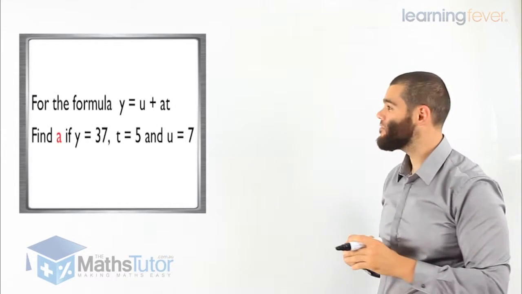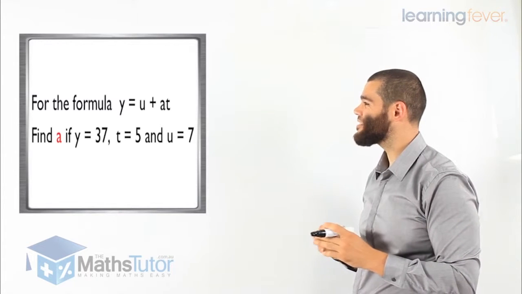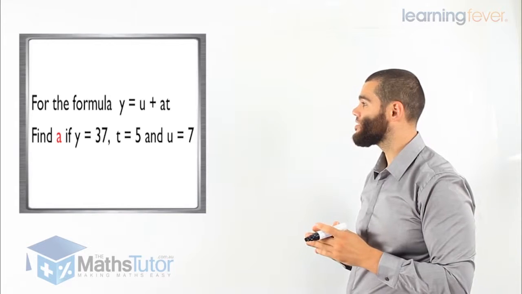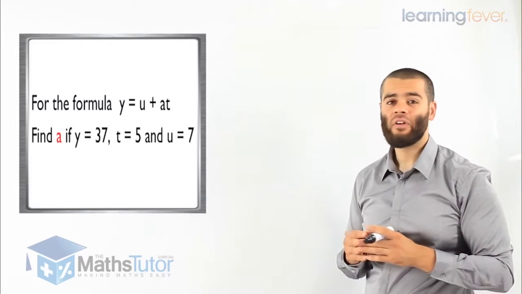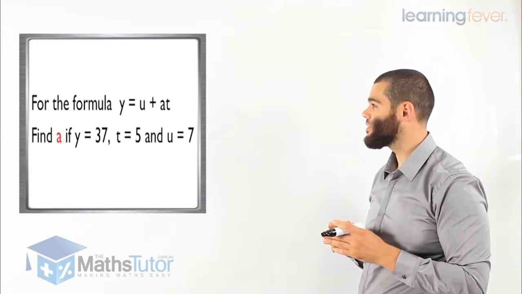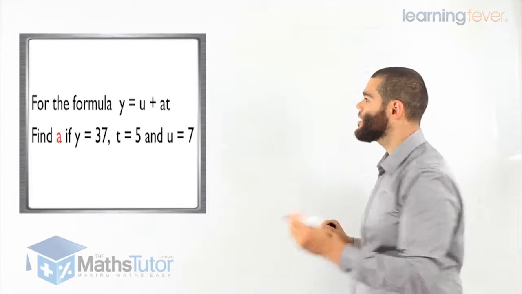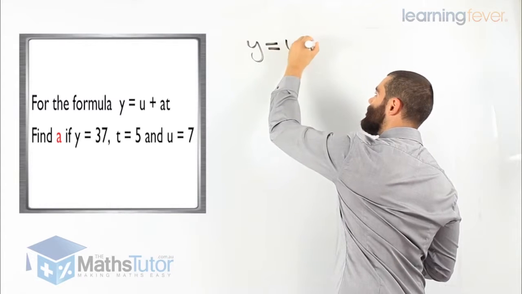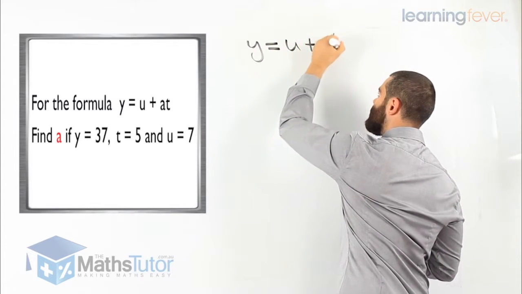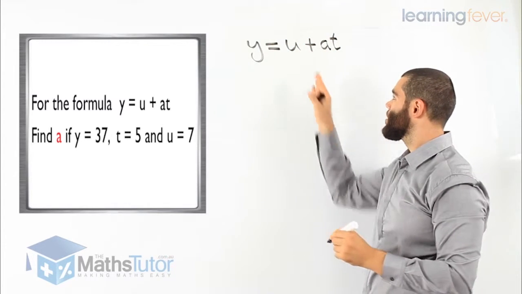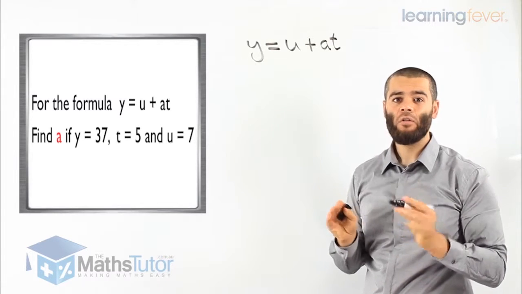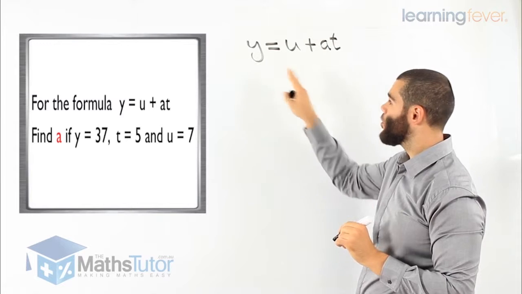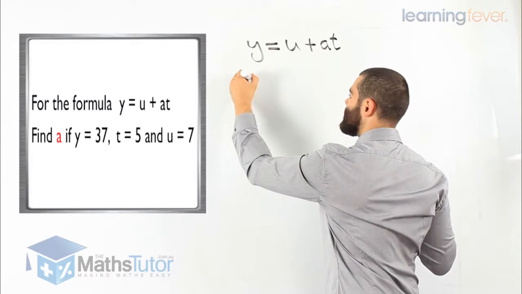The next formula we have y equals u plus at. Find a if y is 37, t is 5 and u is 7. So we have a formula. Let's write it down. Y equals u plus at. Now the substitution, the most important step. We know that y is 37.